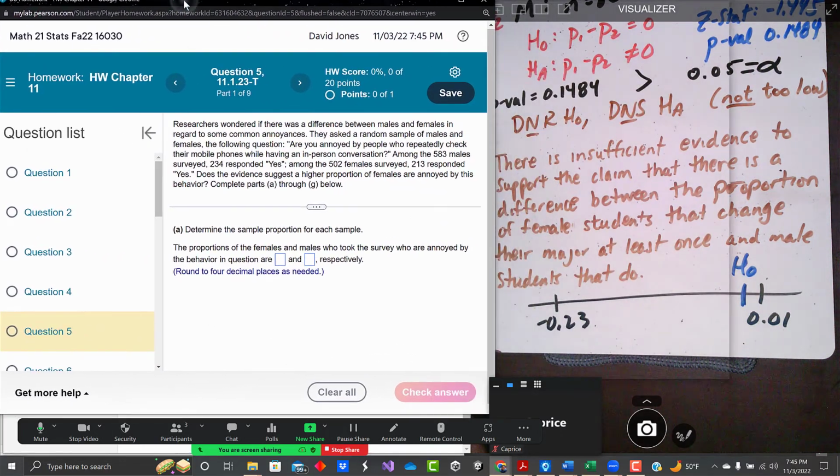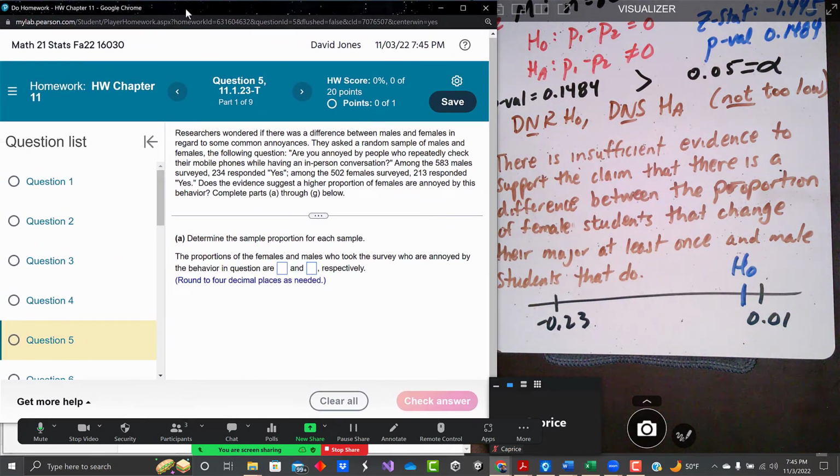Researchers wonder if there is a difference between males and females in regard to some common annoyances. They asked a random sample of males and females the following question. Are you annoyed by people who repeatedly check their mobile phones while having an in-person conversation?